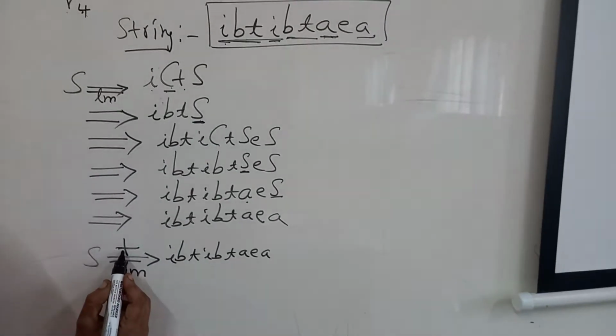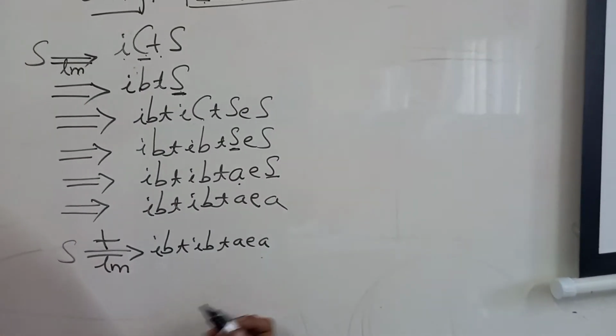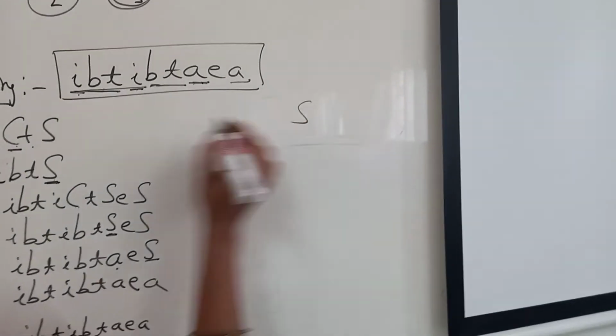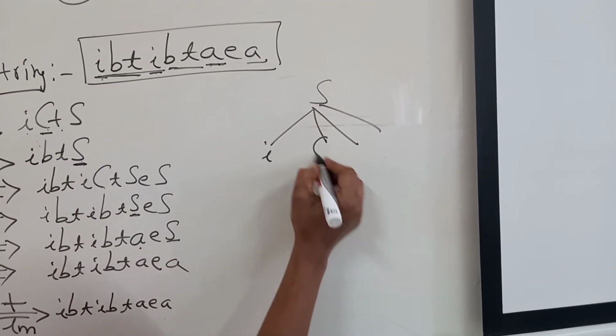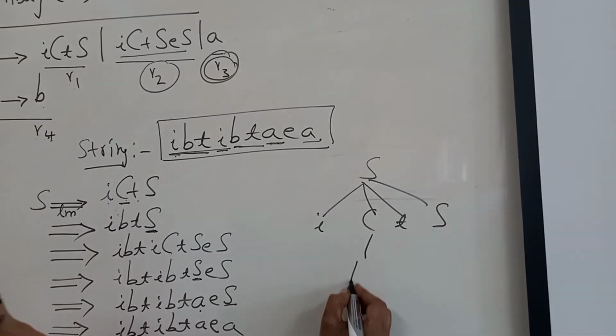Here, you know the meaning of plus is one or more productions. By applying these productions I got this string, and now let me construct the parse tree for this. S gives iCtS. After that I replace C with b.